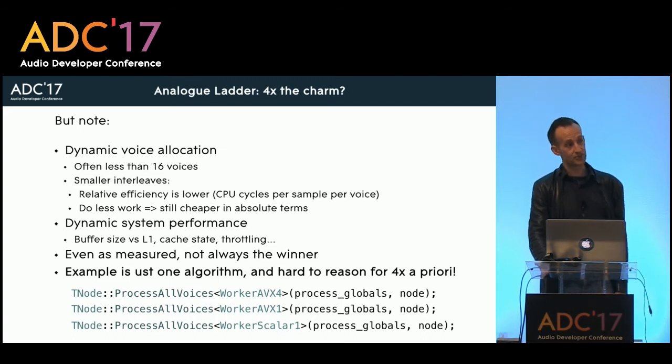So say you've got a synth with dynamic voice allocation, or a mixer that adapts its number of channels. You don't want to have to stick with 16 or 32 voices when you only need to process 4.